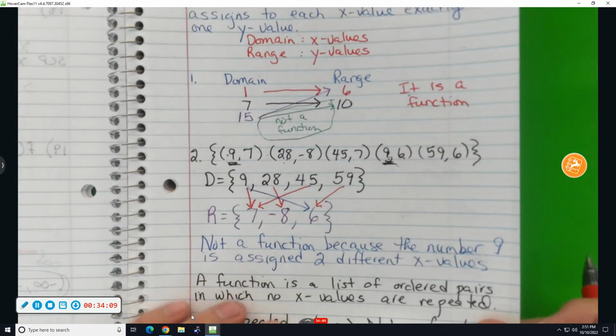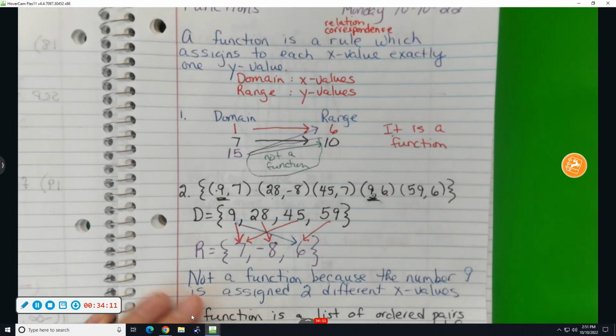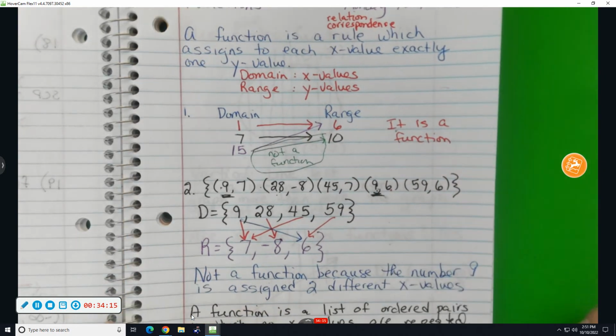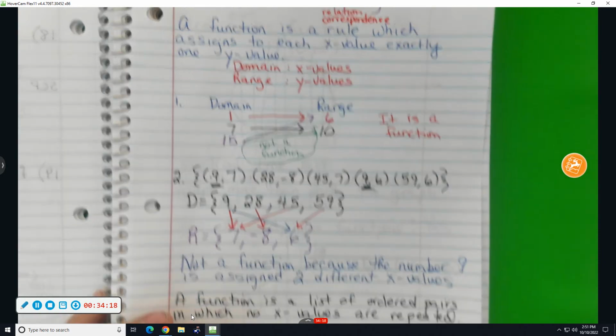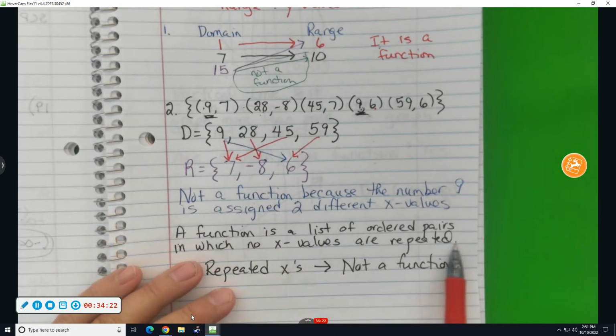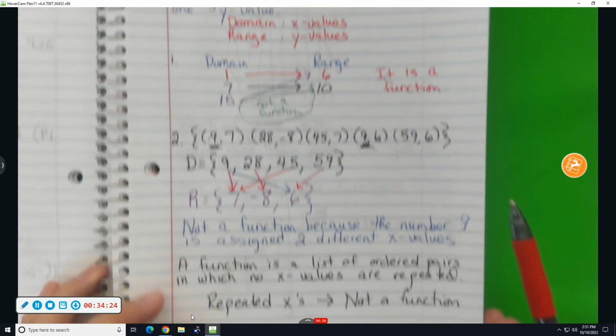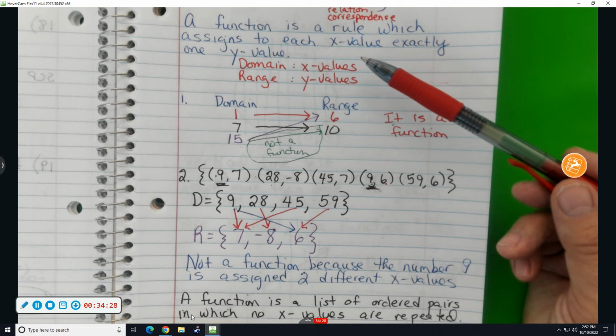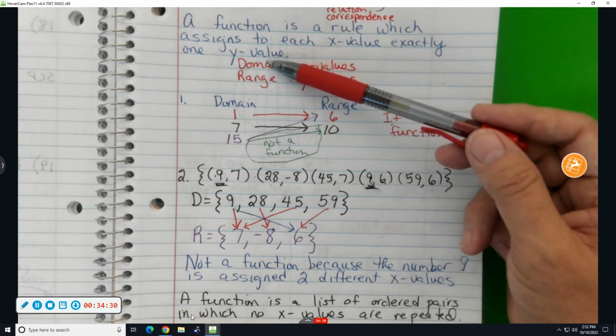We've defined functions as a rule that assigns each x value to one and only one y value. And we're making a note. We defined it also, the tabulation method, where a function is just a set of ordered pairs. That rule is assigning x values to y values.